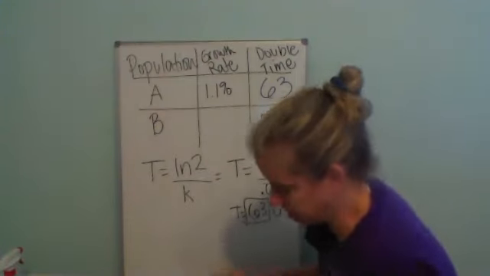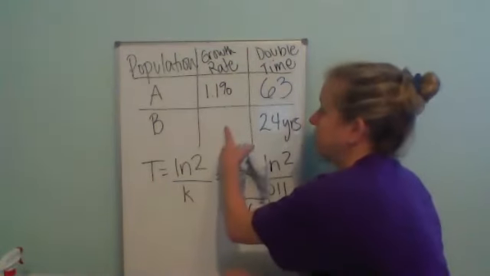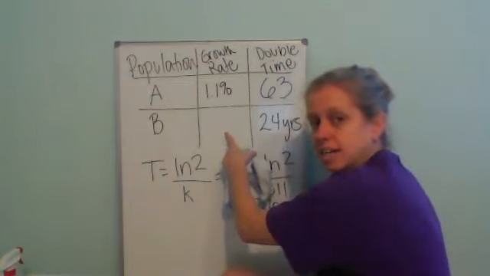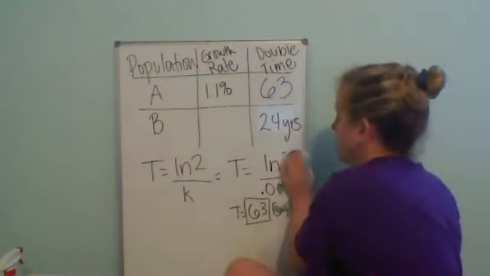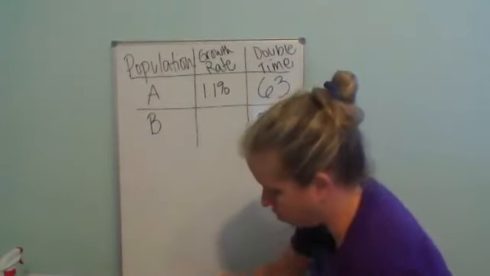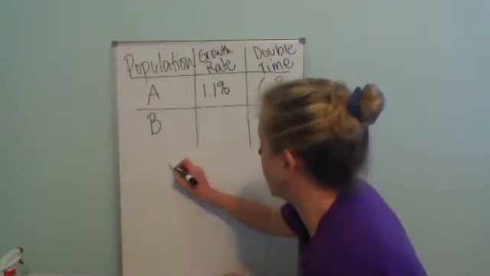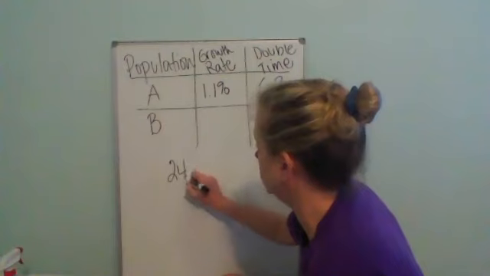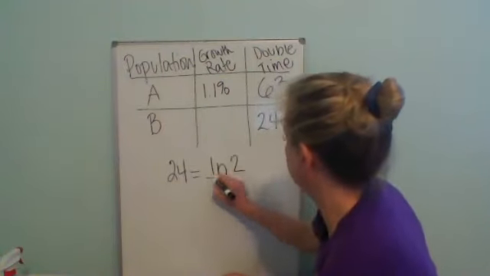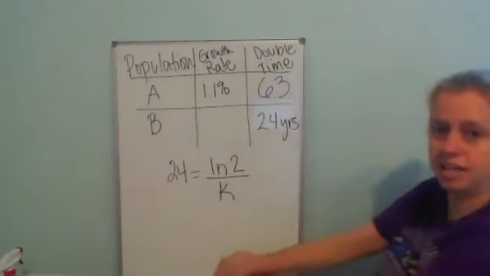Now, the second one, let's see. What I'm trying to find now is how fast is country B growing? What's its growing rate if it took it 24 years to double? So this time I'm looking for the growth rate. So let's see. Doubling time is 24 years equals ln2 over, this time I don't know the rate, right?